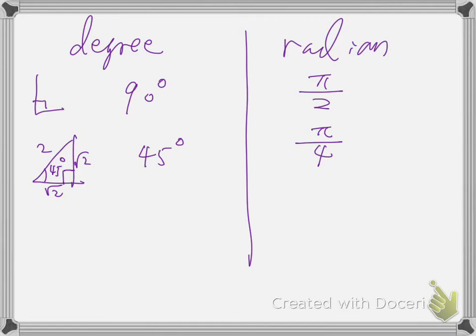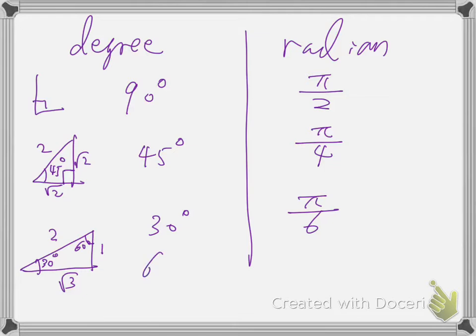And then the two angles in the 1, 2, radical 3 right triangle: this is 30 degrees, this is 60 degrees. So 30 degrees is pi over 6, and 60 degrees is pi over 3. You should remember these.